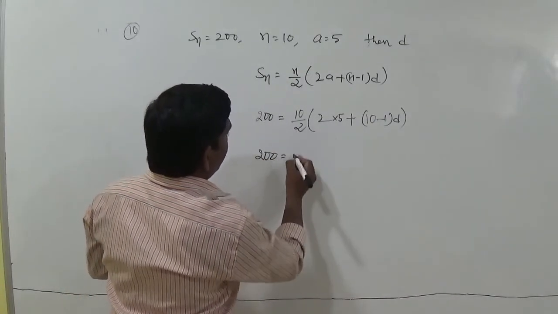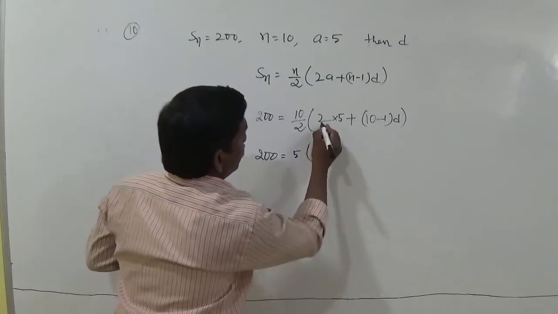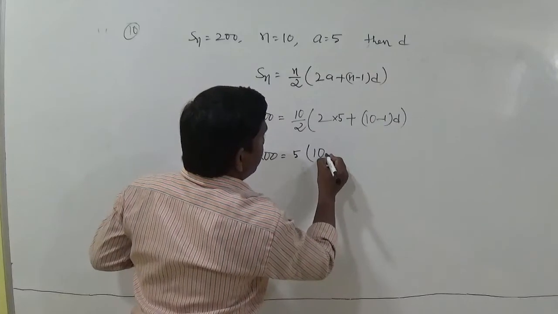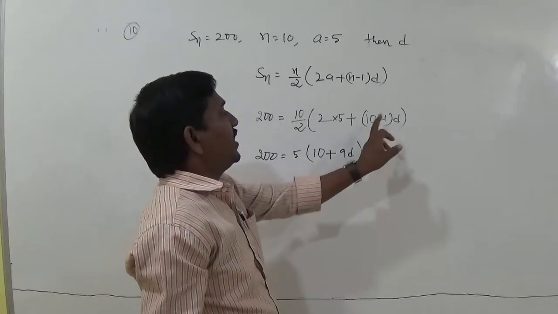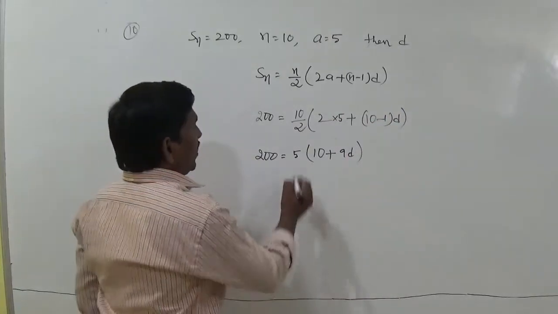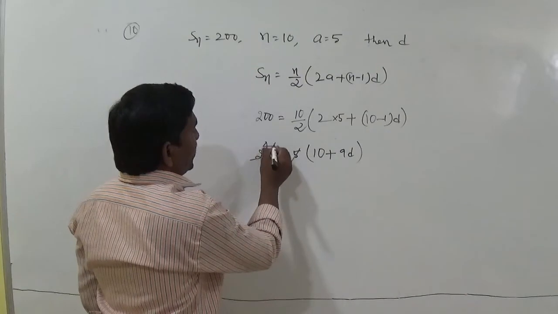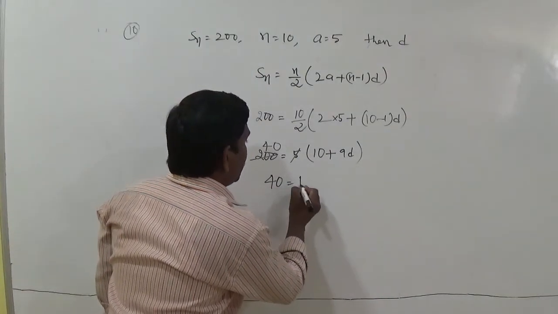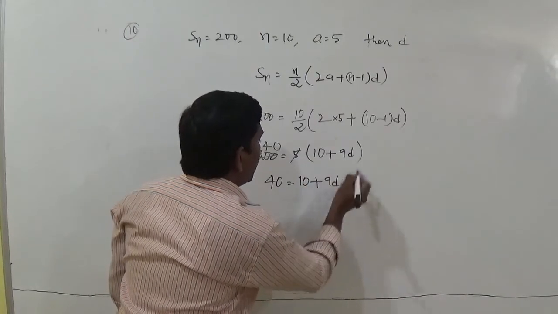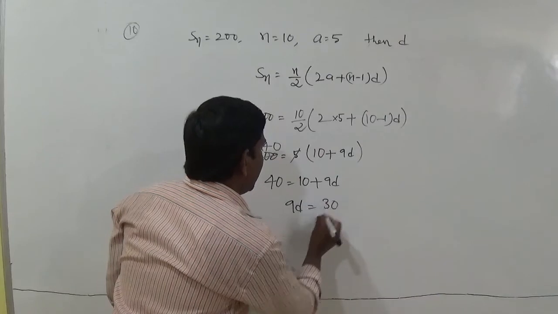200, 10 by 2 means 5, 2 fives are 10, plus 9d. 10 minus 1, 9 into d, 9d. Okay, 5 into 40 is 200. So 40 equal to 10 plus 9d, so 9d equal to 30.